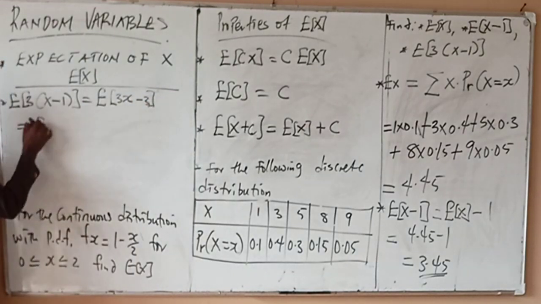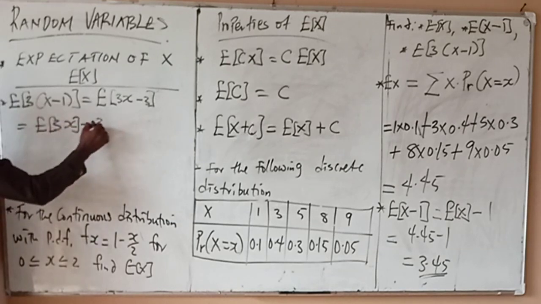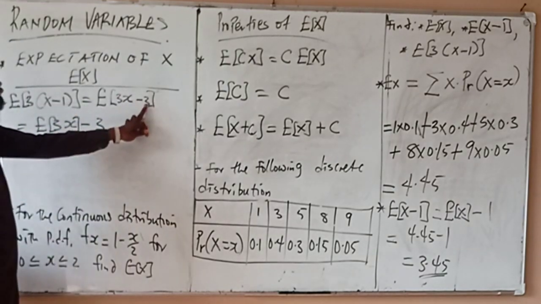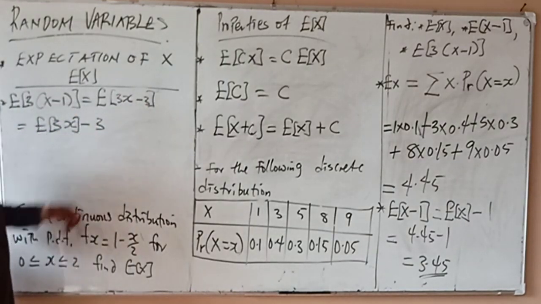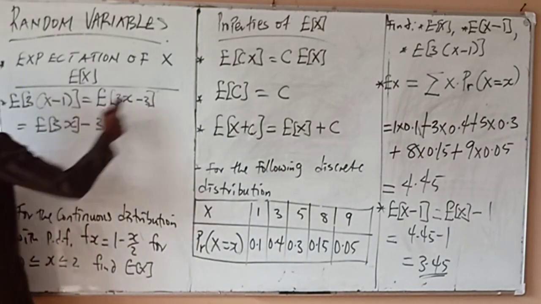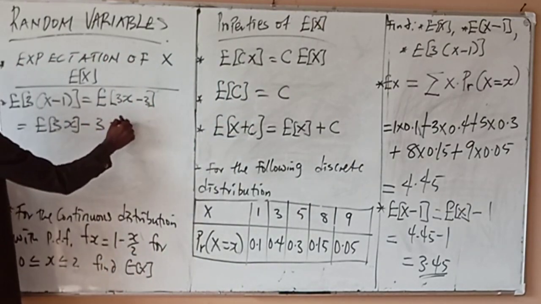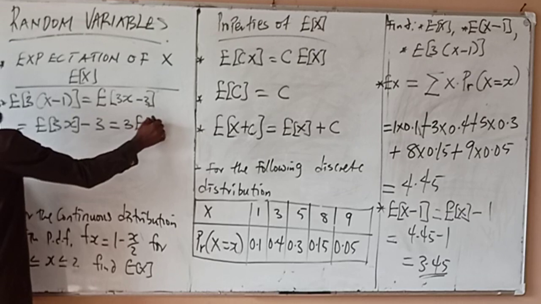This one will be the expectation of 3x minus 3, because the expectation of x is affected by the constant number. This will be the expectation of 3x, and the expectation of cx is c times the expectation of x. This will be 3 times the expectation of x minus 3.